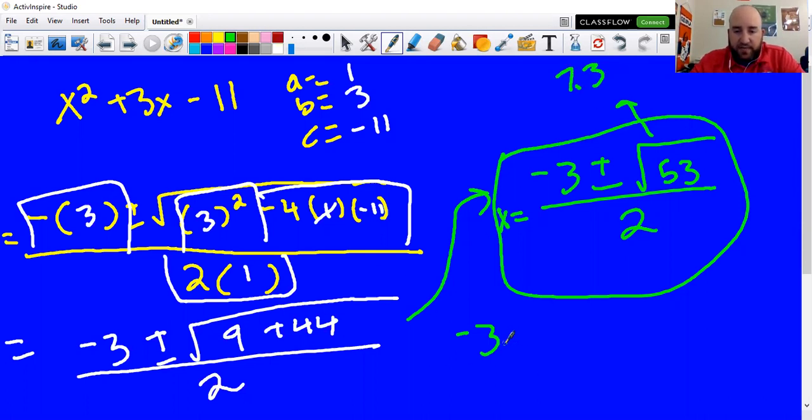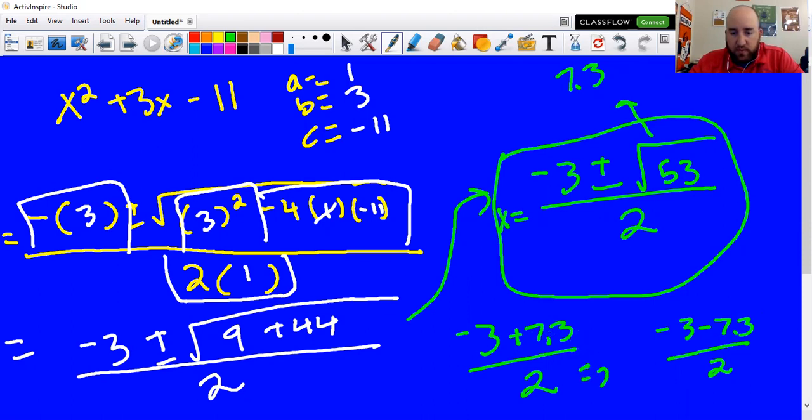So you don't have to do negative 3 plus 7.3 divided by 2 and negative 3 minus 7.3 divided by 2. This would be 4.3 divided by 2, so 2.15, and that would be negative 5.15 if you do all the math for that.